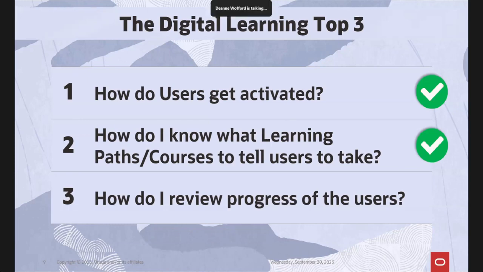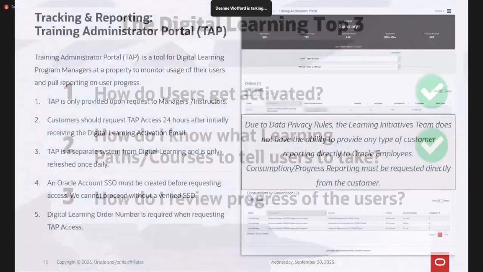And number 3, which is a big one, how do I review the progress of the users? So within digital learning, we don't have the user progress per se. We do have progress reports for the individual users, but what we do use is another site, which is called the Training Administrator Portal, also known as TAP.